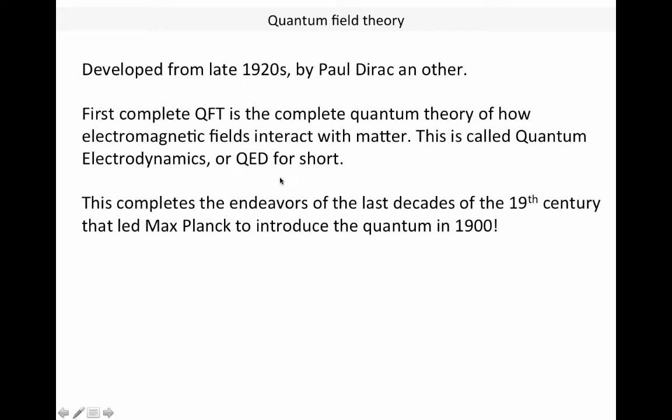QED was finished in 1950, so about 50 years after Max Planck introduced the quantum, we finally came up with the complete description of how electromagnetic fields interact with matter.